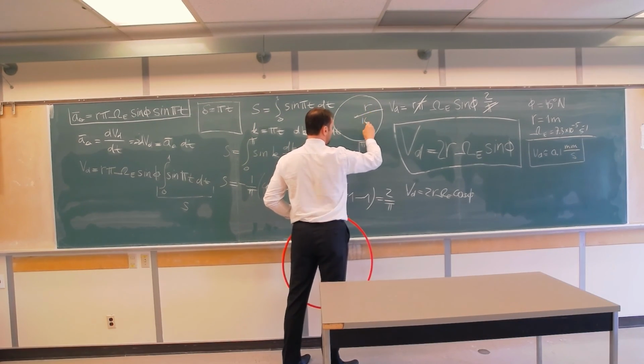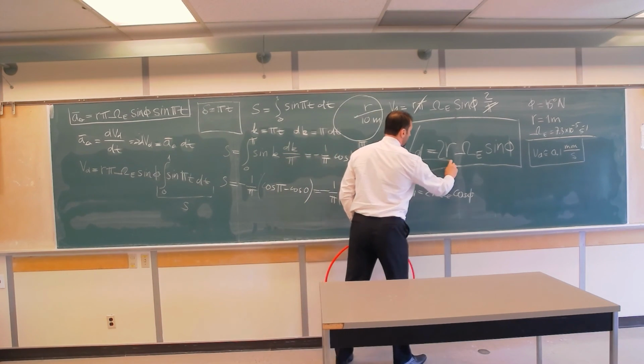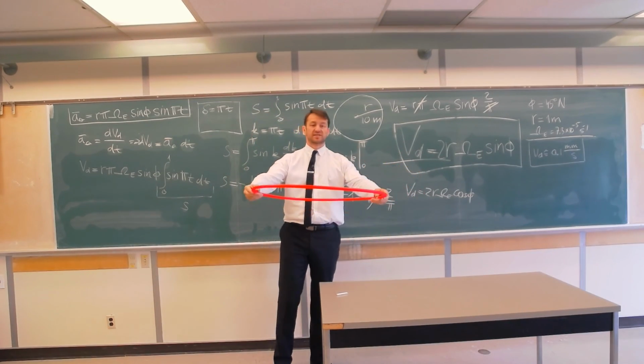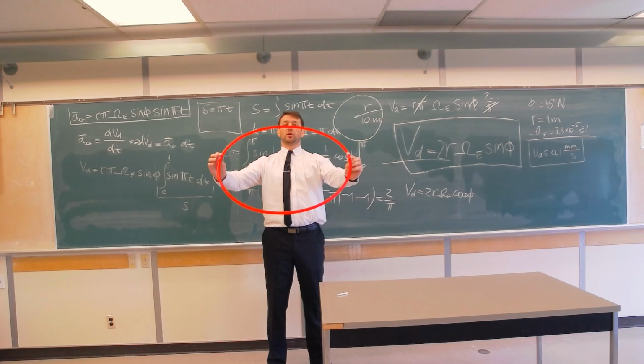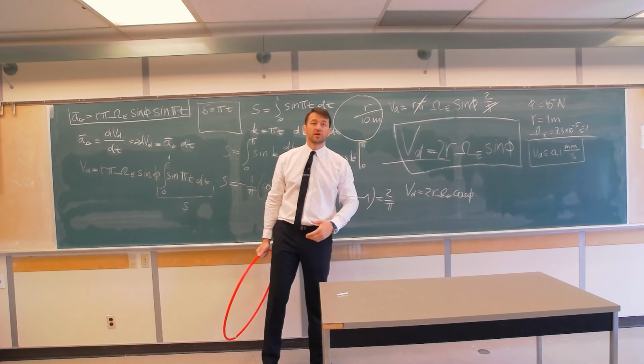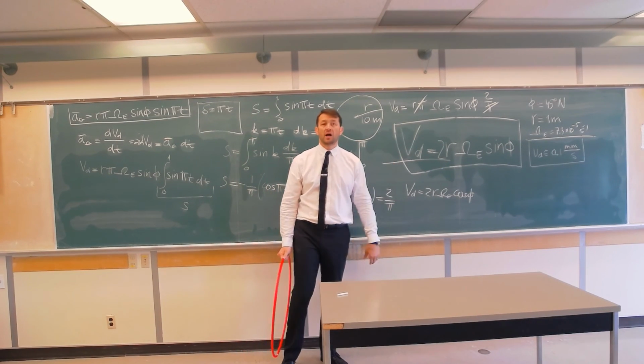If the radius is 10 meters, then the drift velocity becomes much larger. So if you set up an apparatus where you rotate a hula hoop with 10-meter radius, then the drift velocity will be such that you can even observe it with your eyes.